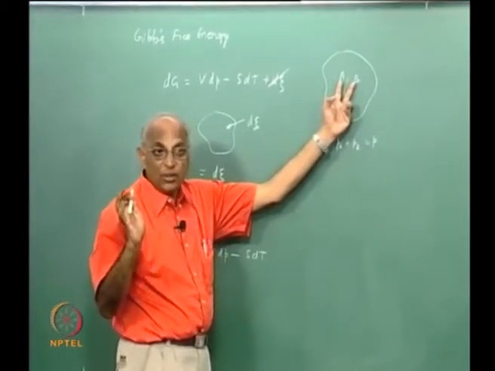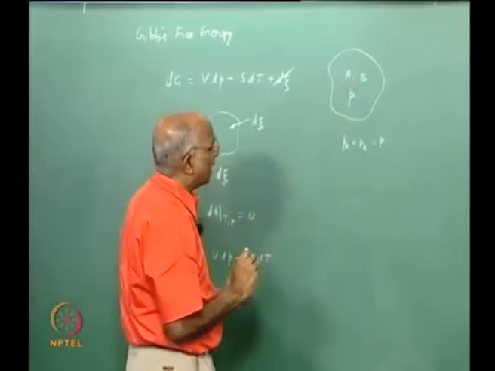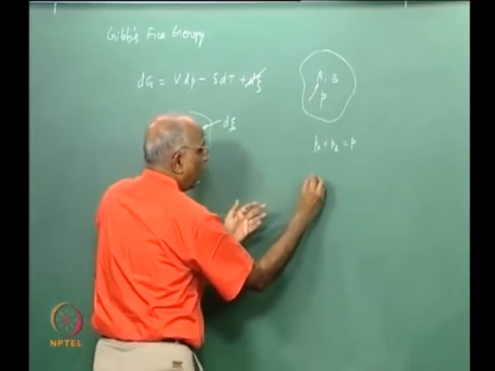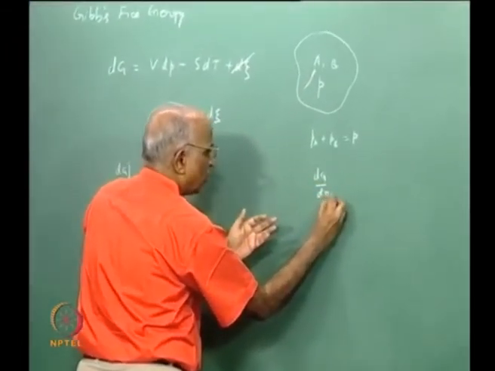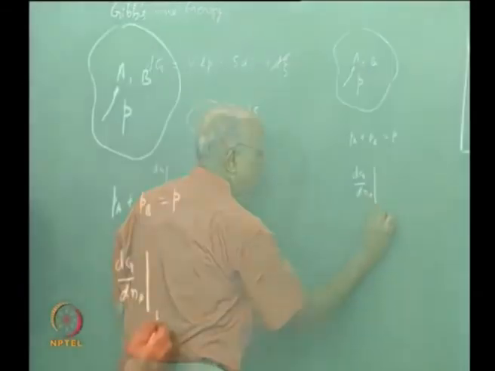I have still not defined equilibrium, mind you, and therefore now I say when I have a two component gas, the moment I put more of A, I am going to change the value of dG by the number of moles of A I am putting, keeping B constant.